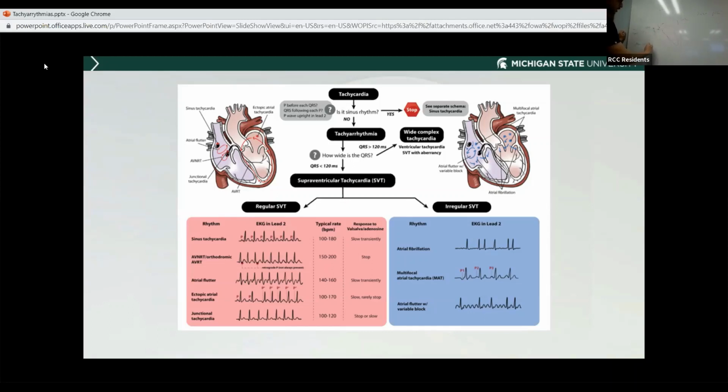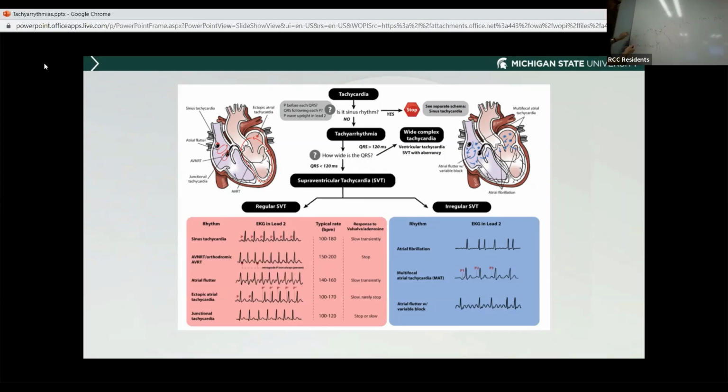A fixed block means that for every 3 flutter waves you conduct 1, or for every 2 you conduct 1, or for every 4 you conduct 1. So 4 to 1, 3 to 1, 2 to 1. Although it's an atrial flutter, it's a fixed block, so you will have a narrow complex tachycardia.